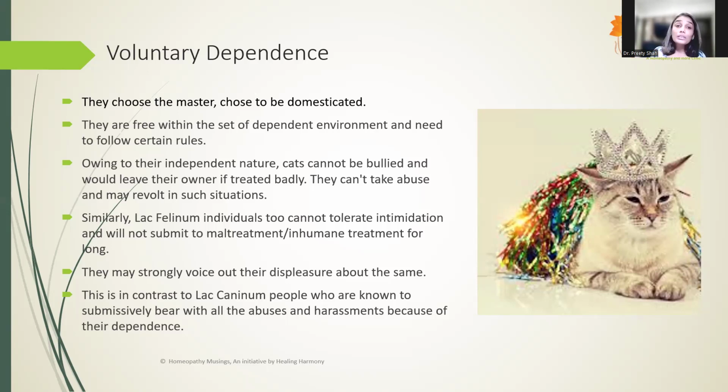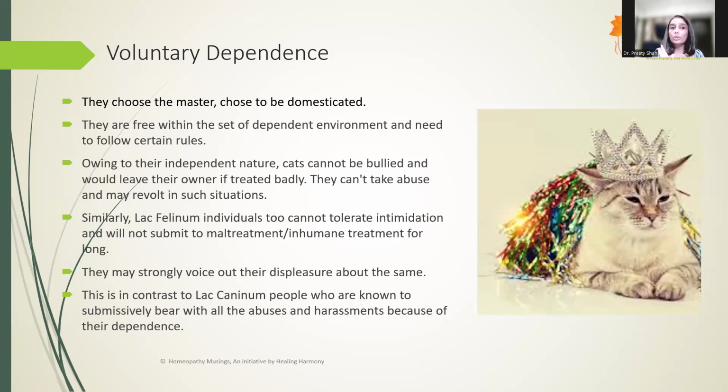These are the beings that chose to get domesticated, which means that out of their free will they said, okay, I want to be domesticated. You are now master. I'm going to sacrifice my independence for the sake of my survival or for the sake of the comfort that I need. But also it means that because I have chosen, this is my decision, I can always walk out.